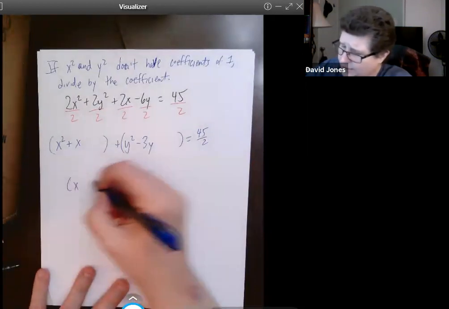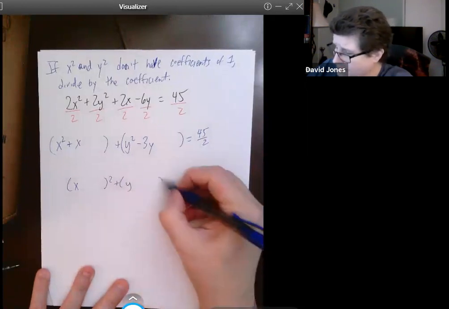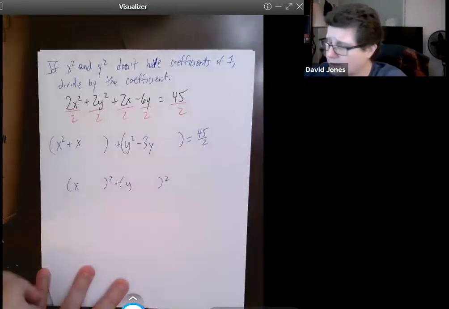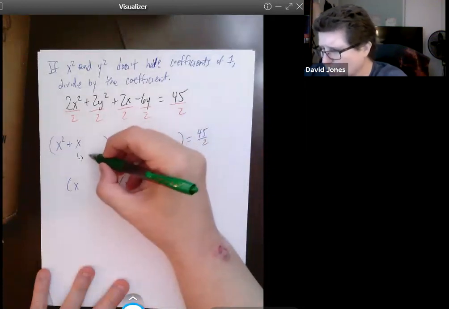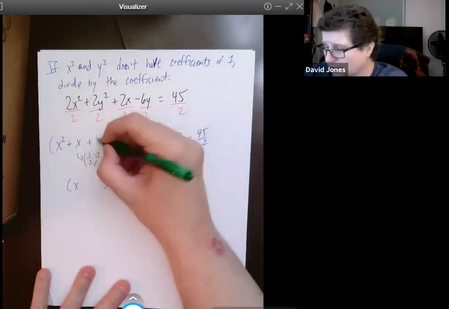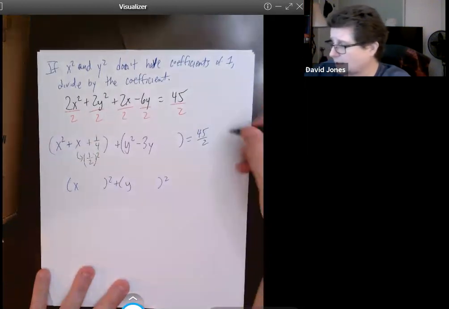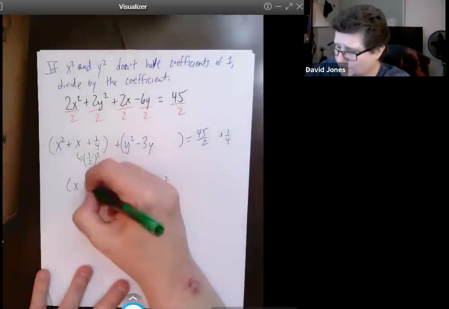Let's complete the square and write this in that shape. I pull the coefficient of the x down, it's 1. 1 over 2 squared is 1/4. So I'm going to add 1/4 to both sides. And that 1/2 goes right in here.